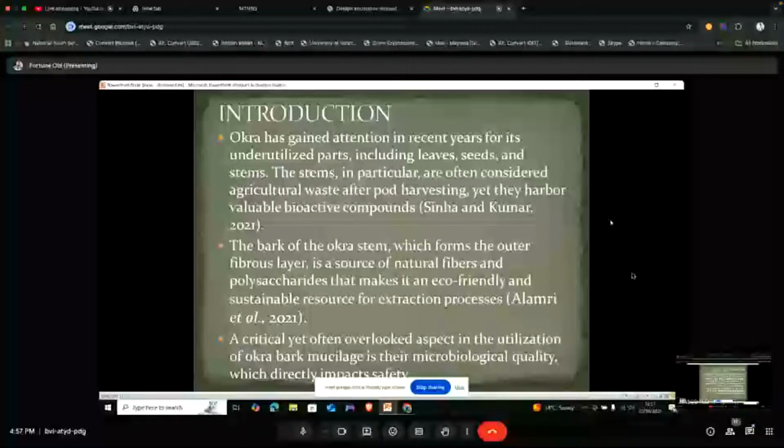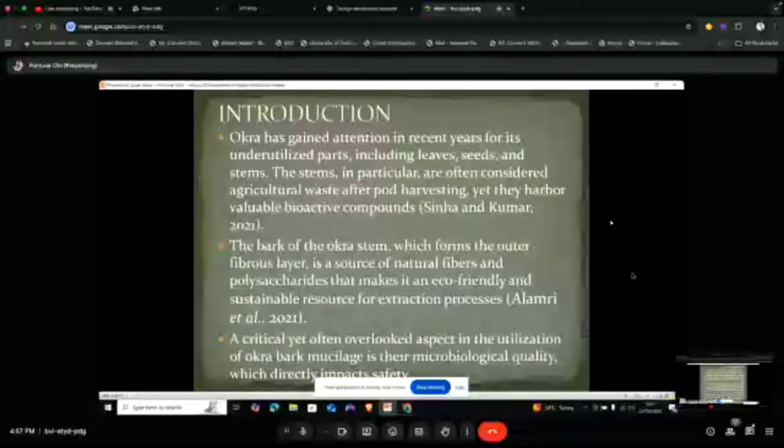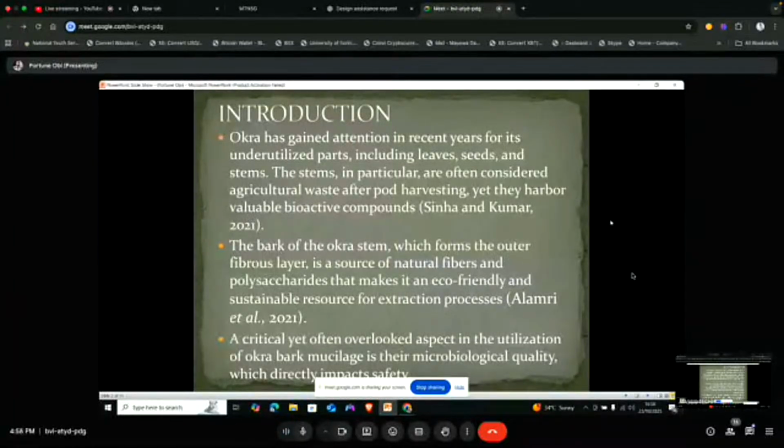Questions, please. Okay. All right. Thank you very much. From your introduction, you said the back of the okra stem, which forms the outer fibrous layer, is a critical yet often overlooked source. Now, the point I'm trying to make is you said that when the okra stem is dried, it reduces the microbial content to an acceptable level.